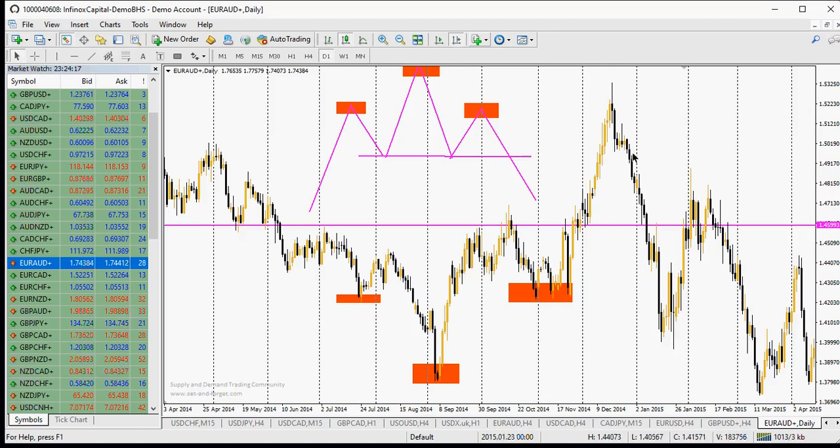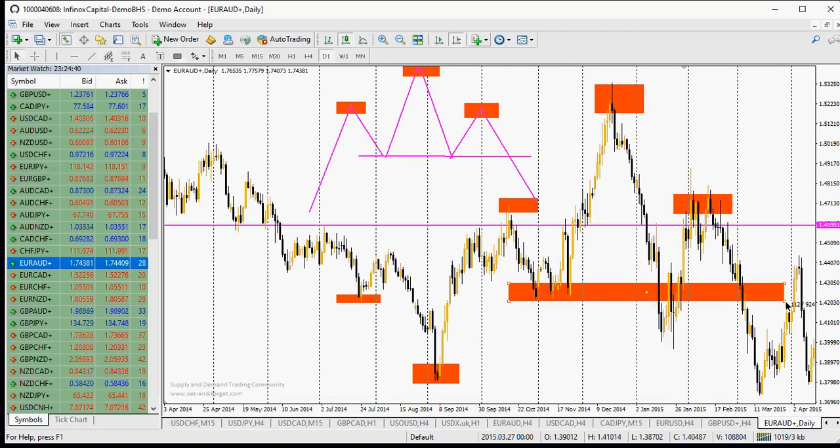Okay, you can see this. This is another head, sorry, shoulder here, shoulder here, head here, and then this is the neckline.